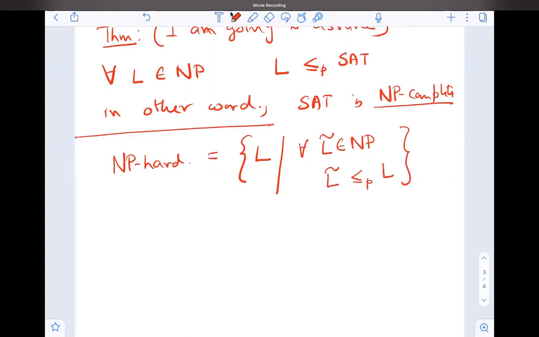And NP complete is nothing but NP hard intersection NP.